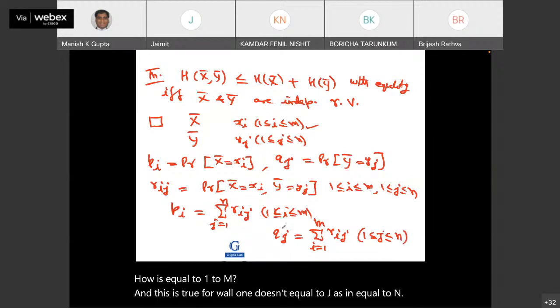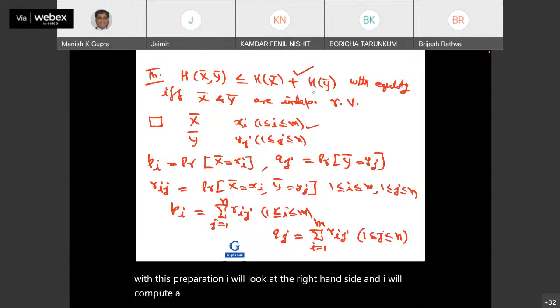Right. So now with this preparation, I will look at the right hand side and compute Hx plus Hy, the entropy of x plus the entropy of y.